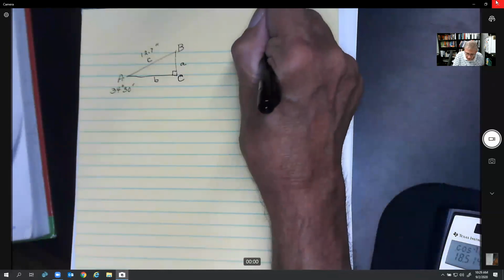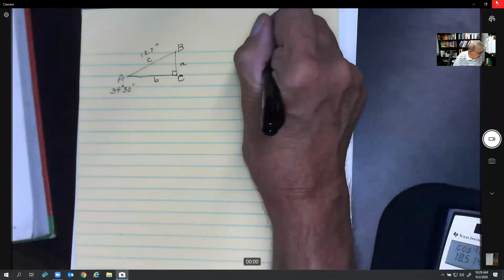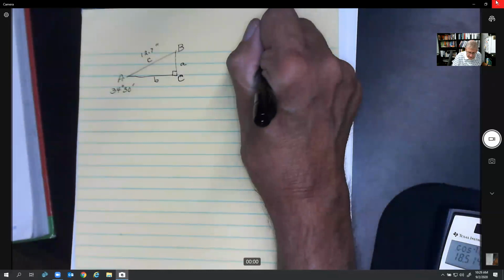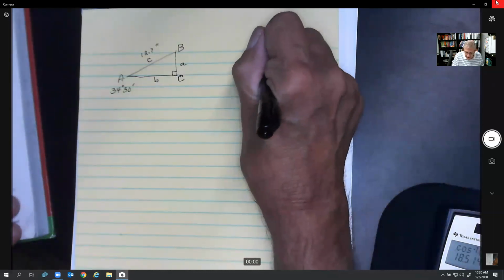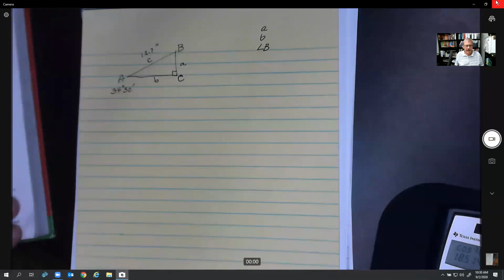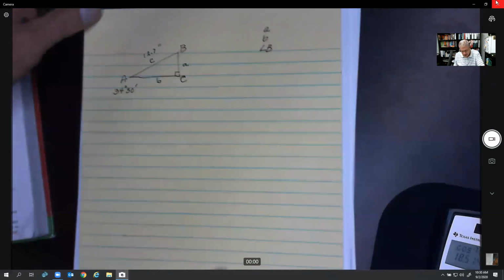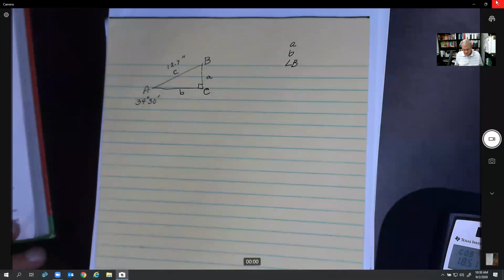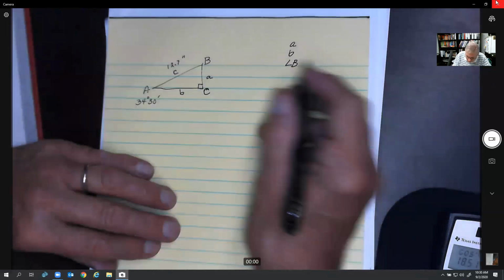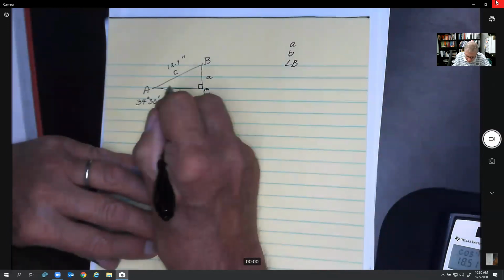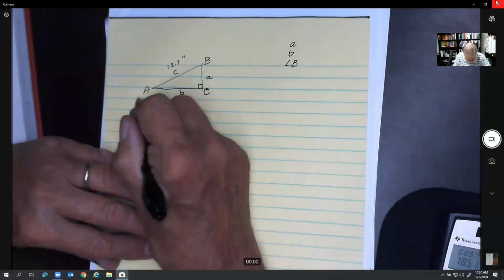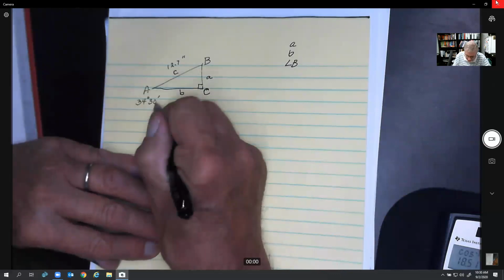Let's write down what we got to find. Side A. They want us to find side B. And they want us to find angle B. That's what we're trying to find, those three things, given this information. And this is the fun part. So let's go looking for A. If I go to look for A, I notice that I have this angle.